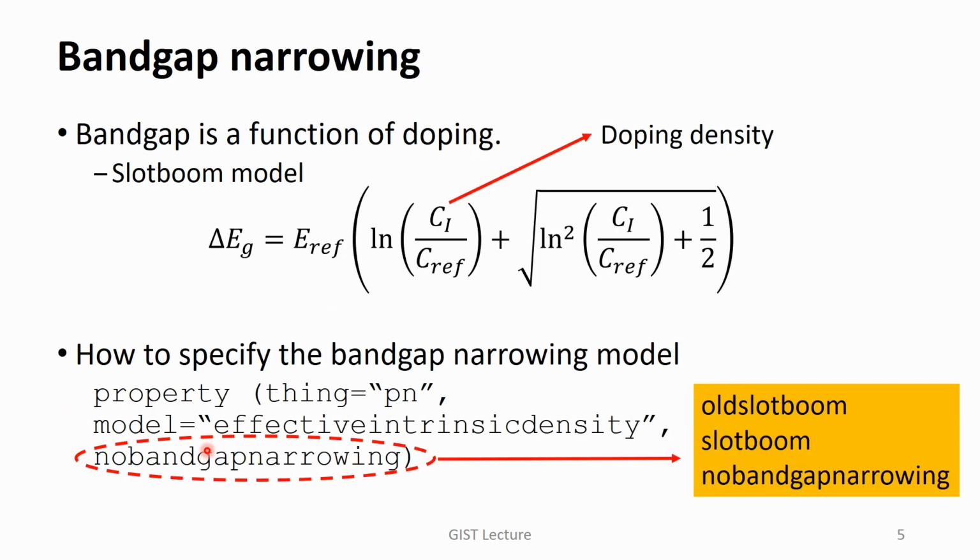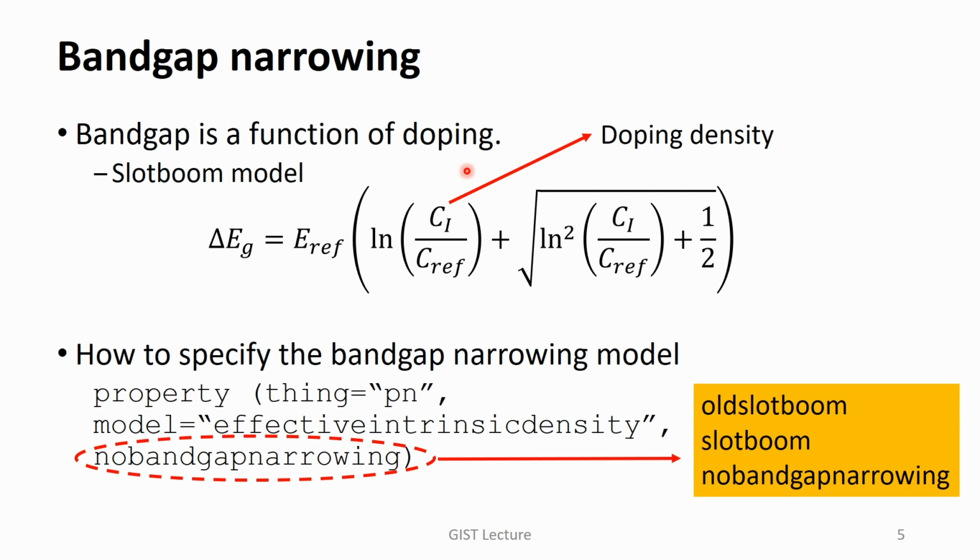The first effect to be considered is the bandgap narrowing. The bandgap is a function of the doping concentration. When we have a lot of impurities, those impurities contribute an impurity band and it effectively reduces the bandgap.